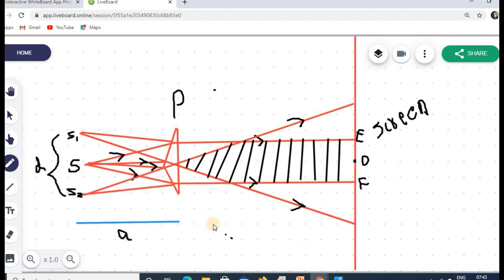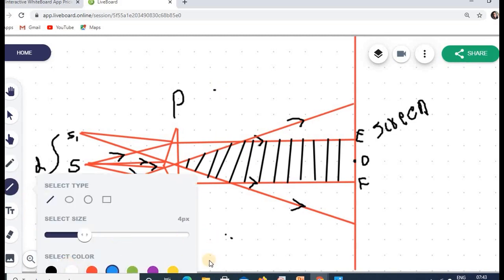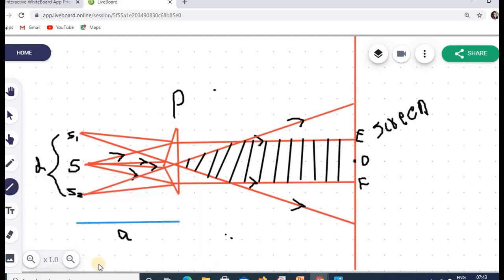The distance from the source to the screen is from here to here, and that distance is capital D. Okay, that distance is capital D, and this distance is small d.